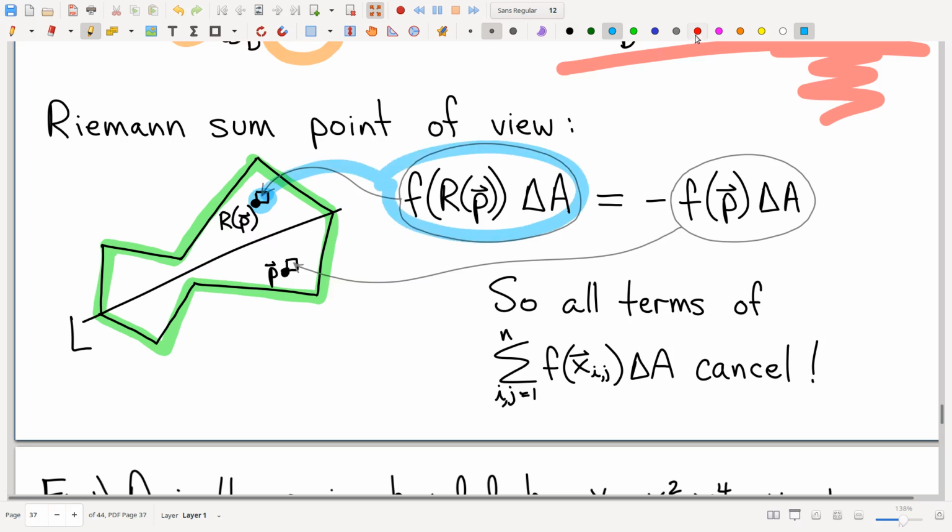And you're going to have this term in the Riemann sum. And they're negatives of each other because of the oddness. And the terms therefore cancel. And again, everything disappears in a puff of smoke. So take your favorite point of view on that.